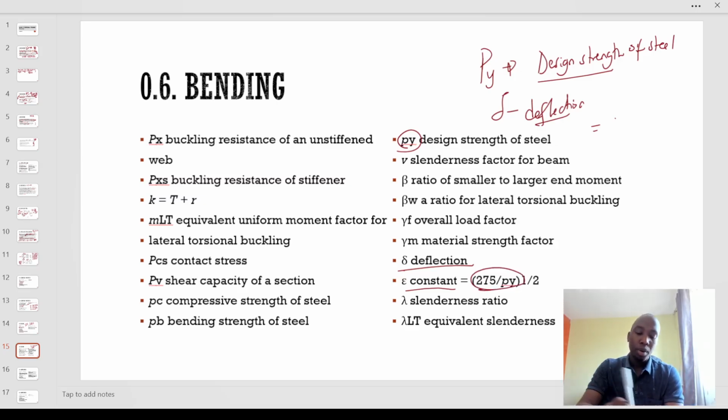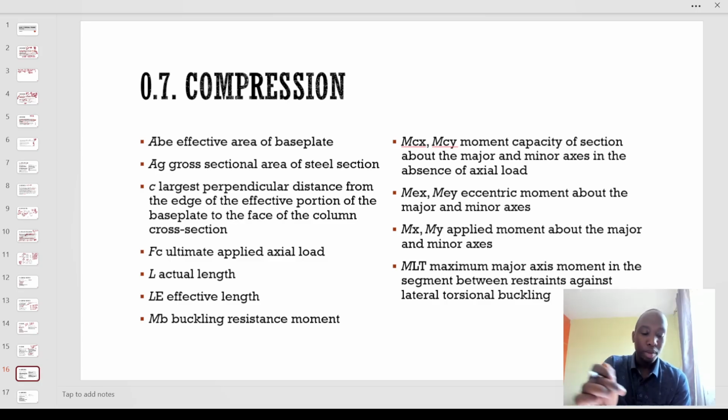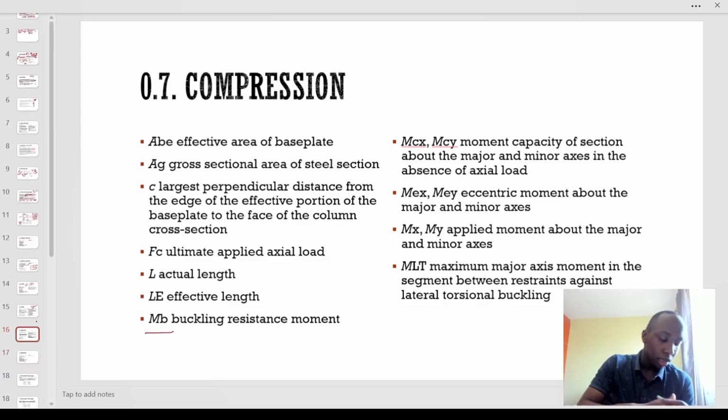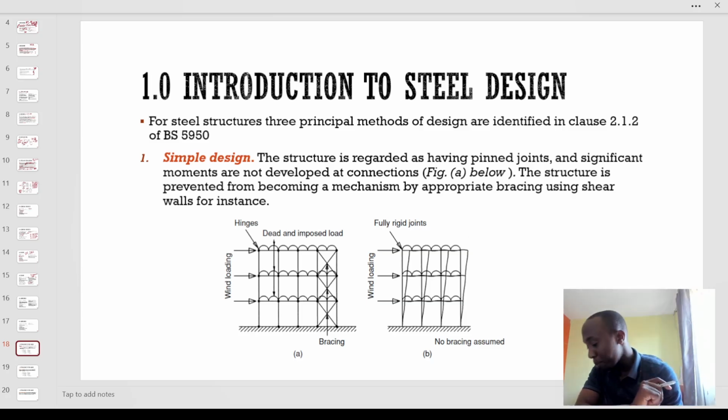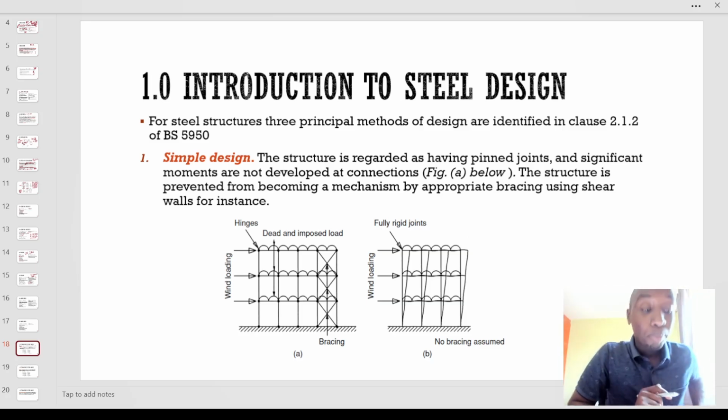We also have slenderness ratio. And what else? And many more that we will talk about. Buckling, M buckling. I think that's okay. Compression. We'll talk about them as they come.